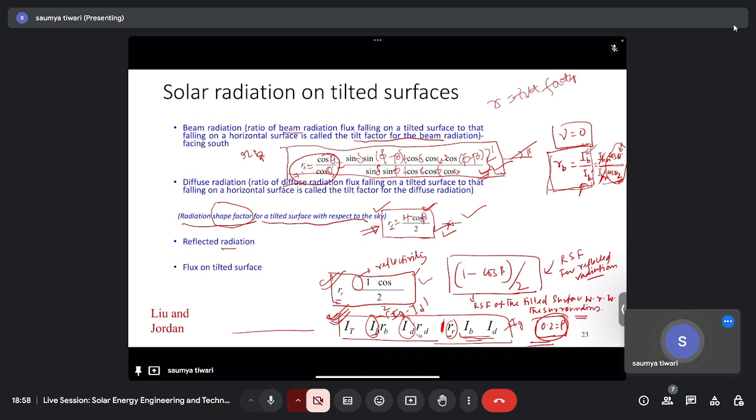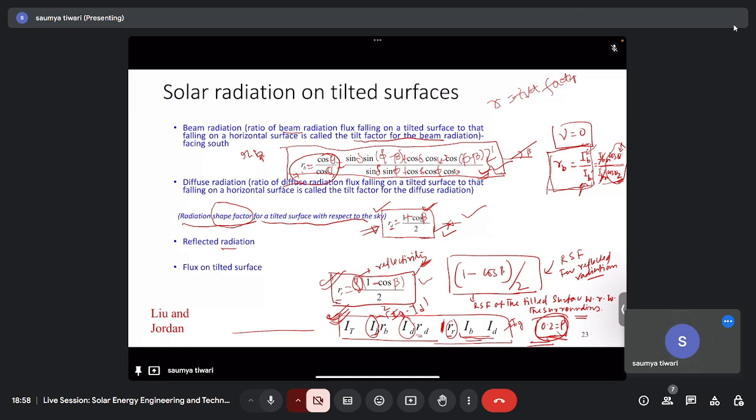And for the reflected part, your tilt factor will be 1 minus cos beta by 2, multiplied by your reflectivity. This reflectivity is basically the reflectivity of the surface from which your beam is reflected. If your surface is ground, then this rho value is 0.2.